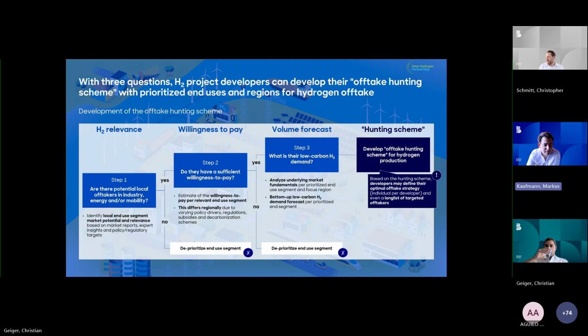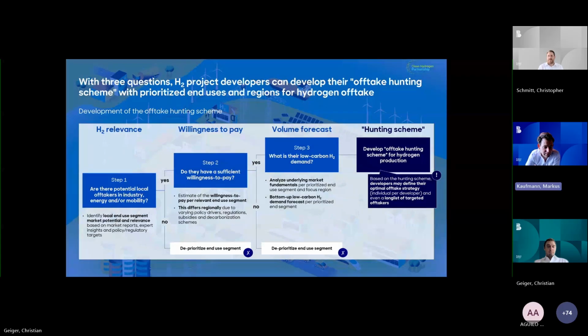Will it take effect? And if it does, what are the penalties attached to quotas? So how binding, how strong is it really, and what is the expected willingness to pay that you can plan with or calculate with? If that's a yes, you continue with a given segment or off-taker. If that's a no, you better look somewhere else.